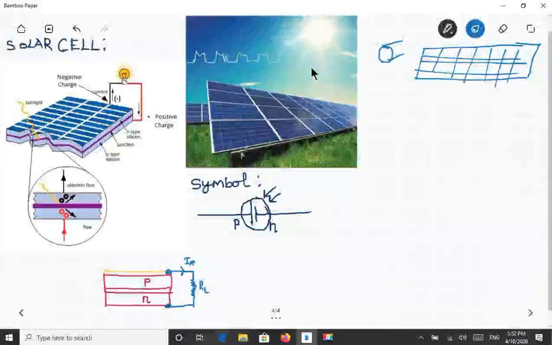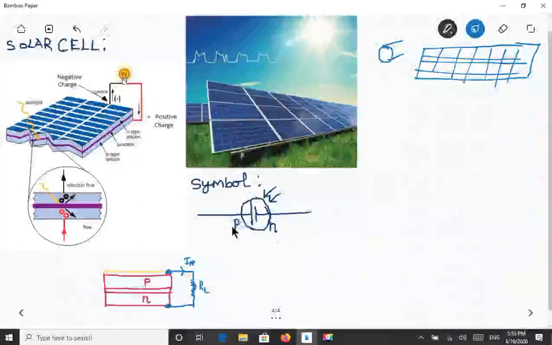Hydroelectric power or thermal power stations generate lots of carbon dioxide as waste, which is a greenhouse gas and affects our atmosphere and the temperature of the earth. So this is the only way which is safest and very easily available, and it is a renewable source of energy. So we are going to see this today.